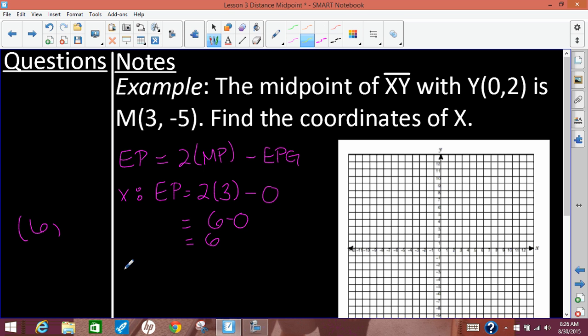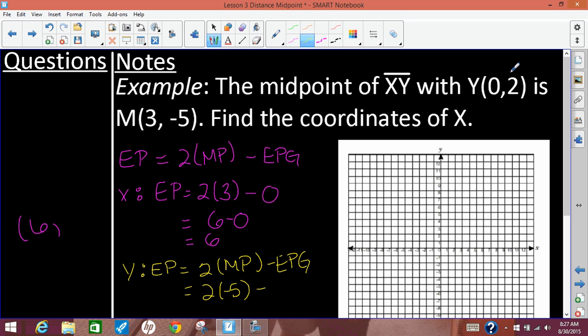We'll do the same thing for y. So the midpoint y value is -5.